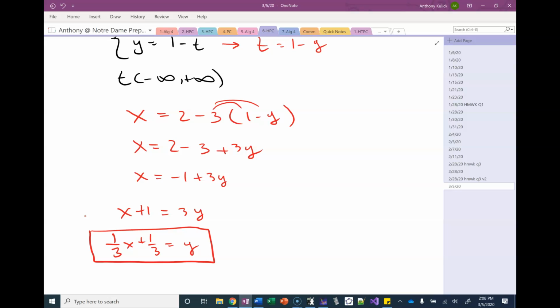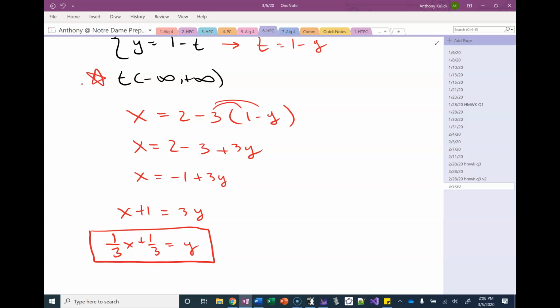So what we want to do now is figure out the domain and range for this function using what we know about the parametric form. Because the parametric form may not be all real numbers, all real numbers. It really depends on the interval of t that we're using.